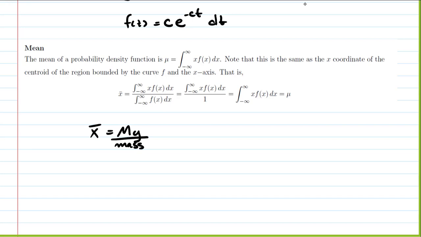Well, using that same thing, we have x bar is equal to the integral from negative infinity to positive infinity of x f of x dx divided by the integral from negative infinity to positive infinity of f of x dx. But since it's a probability density function, what do we know the value of the integral has to be? 1. So because it is a probability density function.